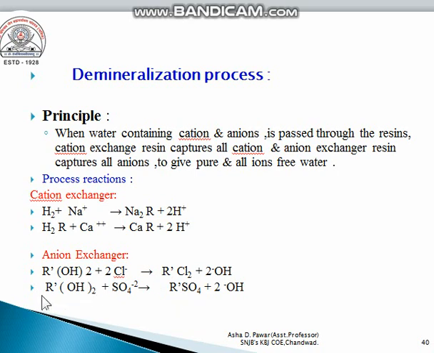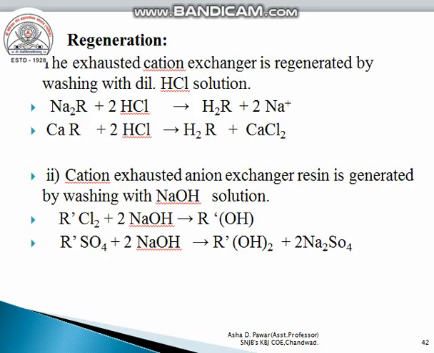See the second reaction: if water contains sulfate as an anionic impurity, the anion exchanger bed, R' OH twice, is converted into R' SO4 plus twice OH minus. That is how the exchange process takes place in the cation exchanger and anion exchanger beds or vessels.